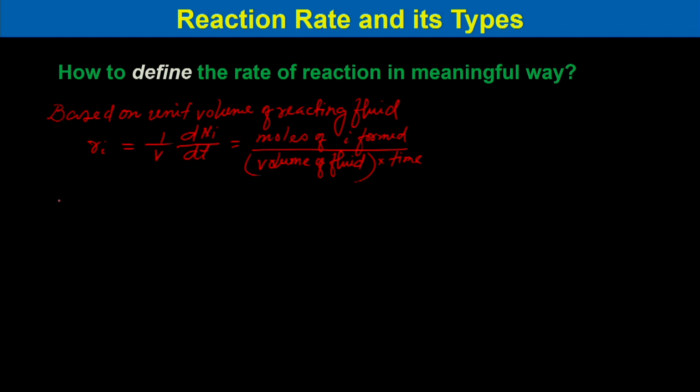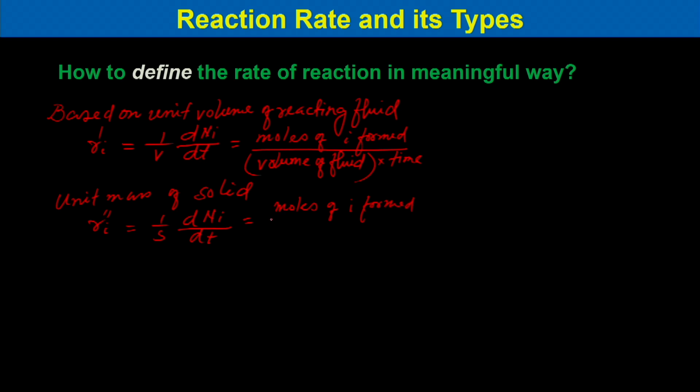So, based on unit mass of solid, we can write r_i is equal to 1 by S d N_i by dt, which is equal to moles of i formed divided by surface area into time.